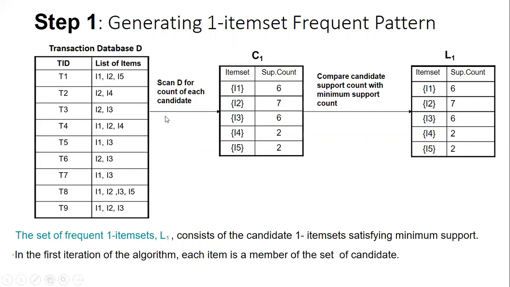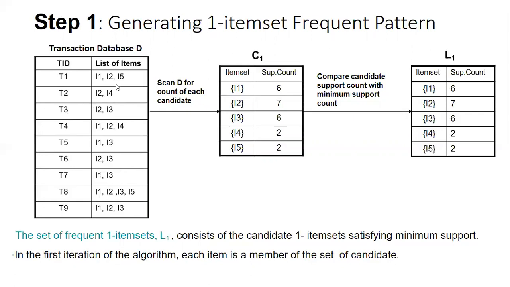So the first step is to generate the one item set frequent patterns. We have a transaction database, and we scan it to count the occurrences or frequency of each item. As I said, there are 5 different items: I1, I2, I3, I4, I5.